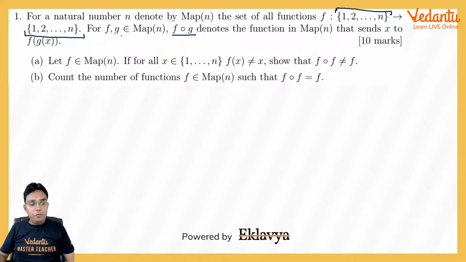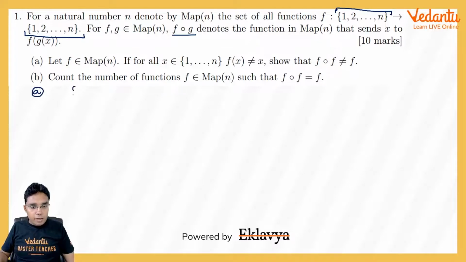Now for f, g belongs to map n, f o g denotes the function in map n that sends x to f of g of x. A part says: let f belong to map n such that for all x that belongs to 1, 2, 3 up to n, f of x is not equal to x. Then we have to prove that f of f is not equal to f. Now let us do this A part first.